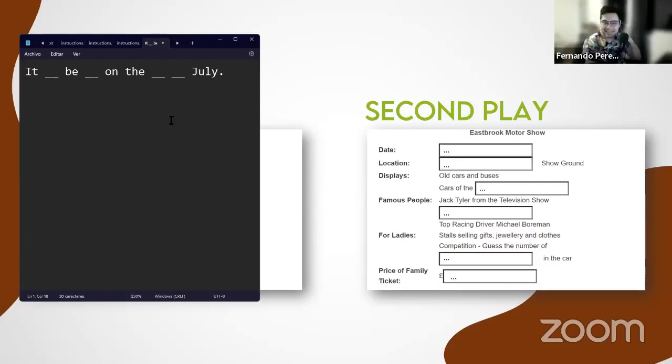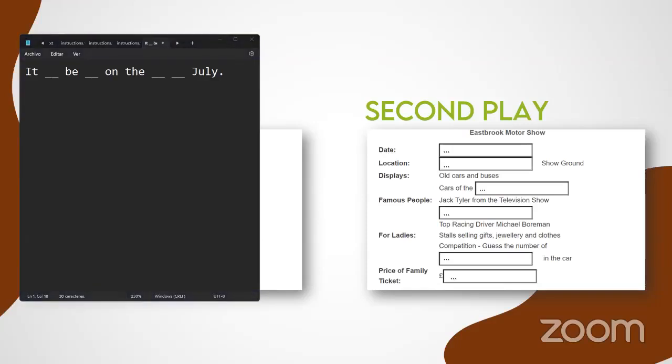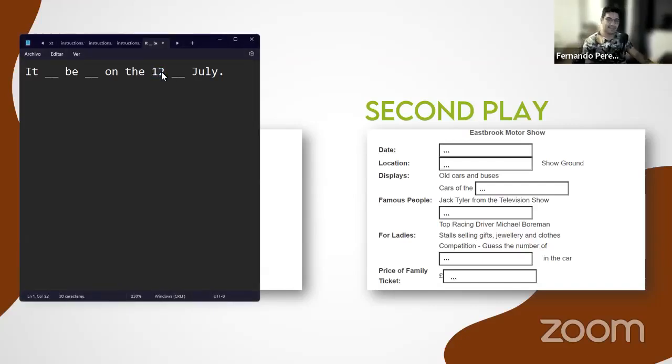That sounds similar to 80. Yes. It's 18. Exactly. Yes. On the 18th of July.